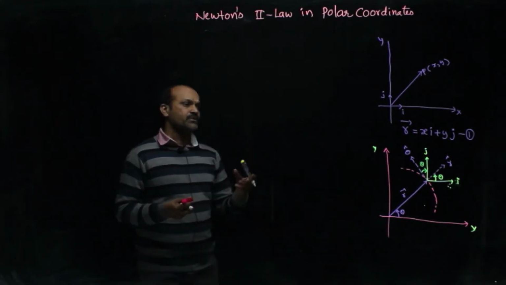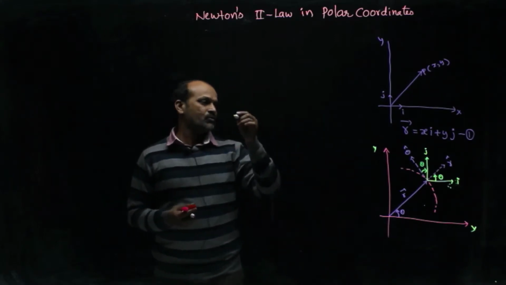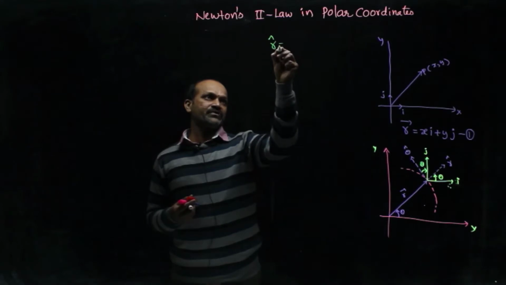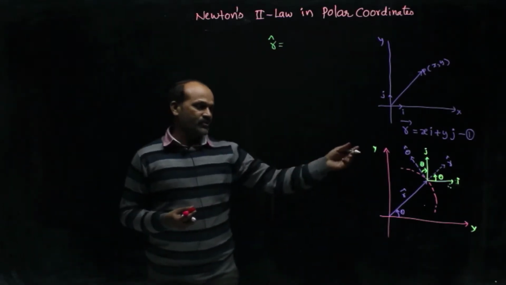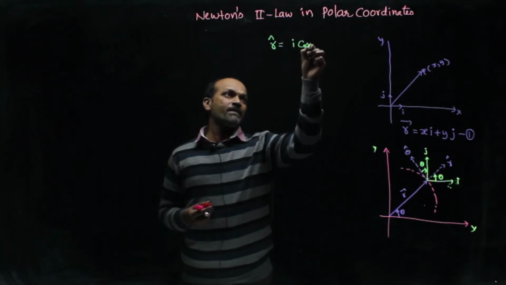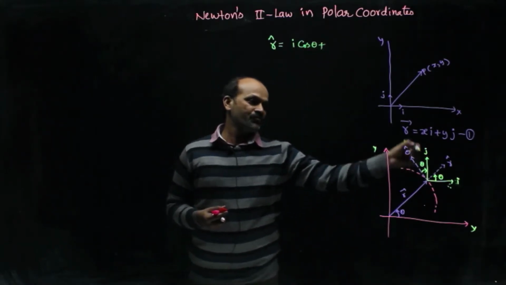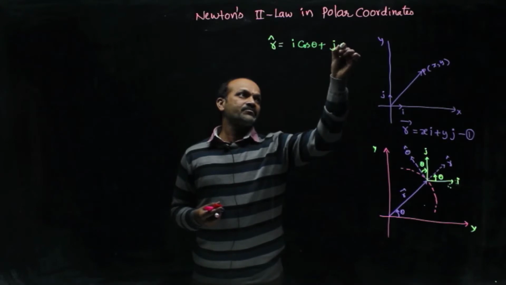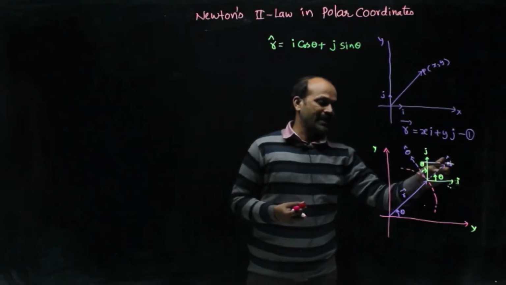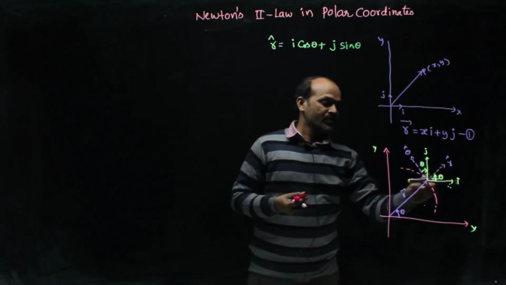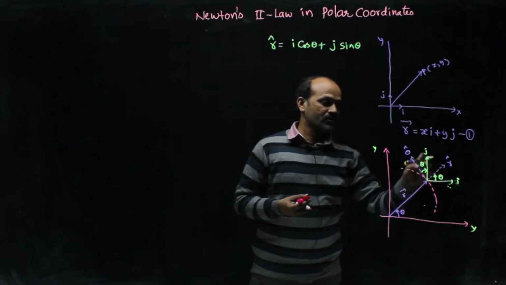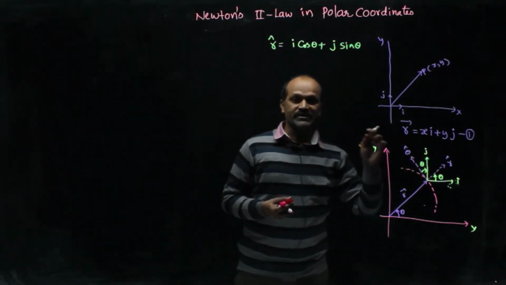Now, you guess what is r cap in terms of theta? Yes, you are right, r cap is i cos theta plus j sin theta, resolving into components. r cap is along this and makes theta angle, so along i it will be i cos theta, along j it is j sin theta.